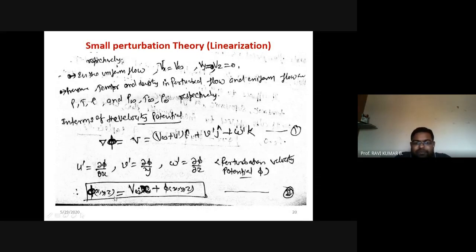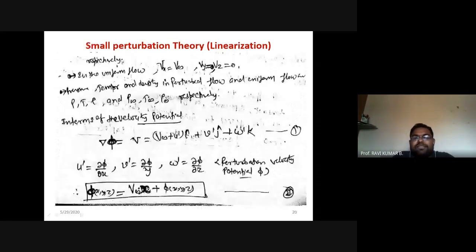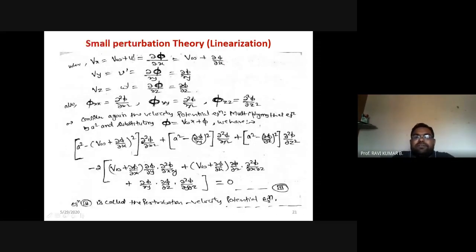So when you are writing Phi, this is the free stream velocity times x plus a small change in phi. If you add these, that becomes the total Phi of the flow over the planar body. So when we are writing these equations, we have to use capital Phi. Vx, as we already know, is V infinity plus u dash, where u dash is equal to small dou phi by dou x, which I have written here.